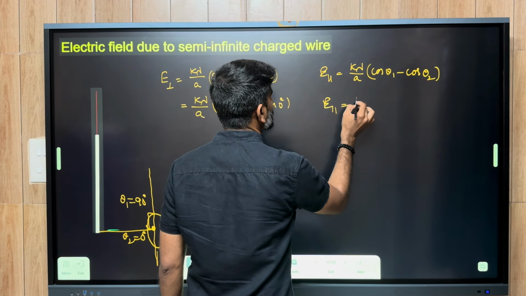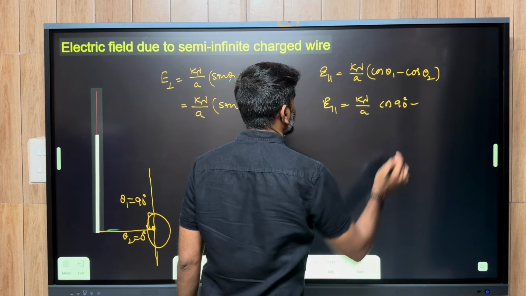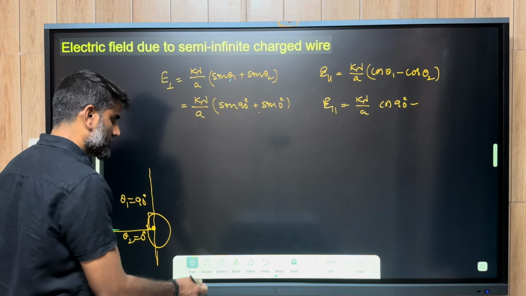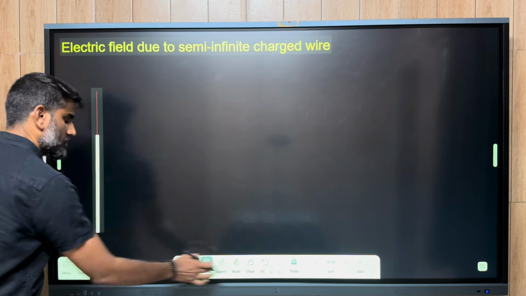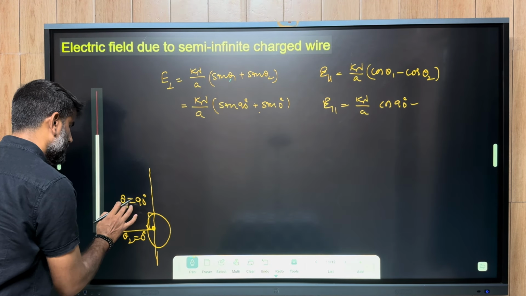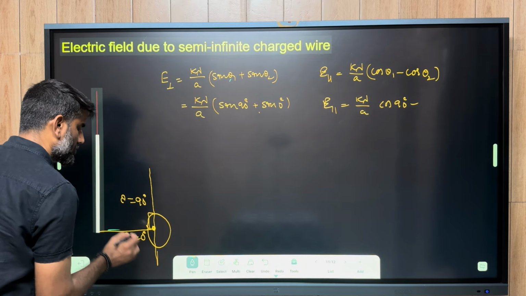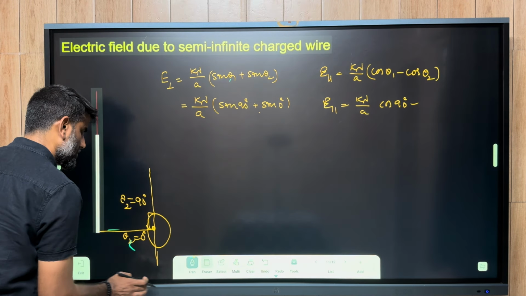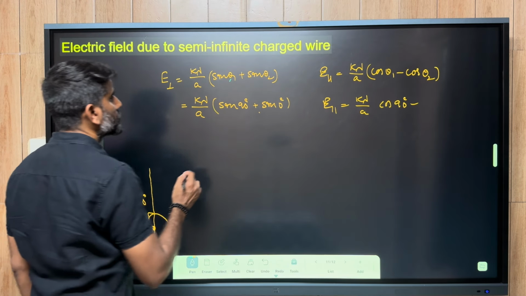Sorry, this is not theta 1, this is theta 2, and this is theta 1.